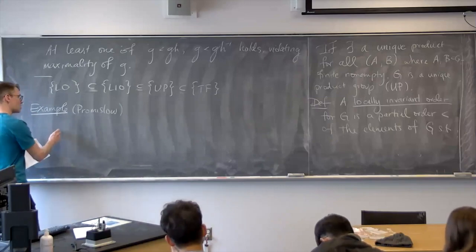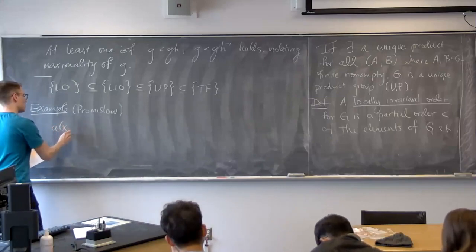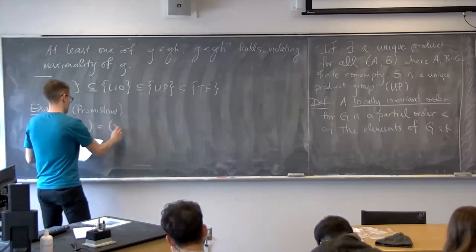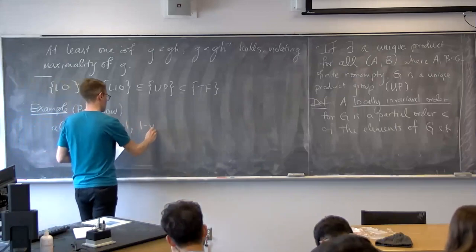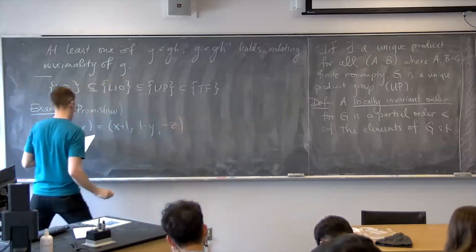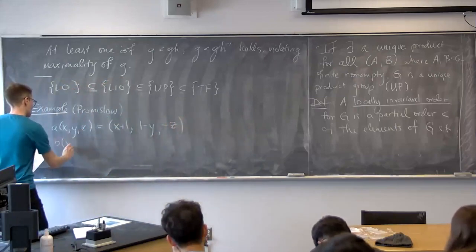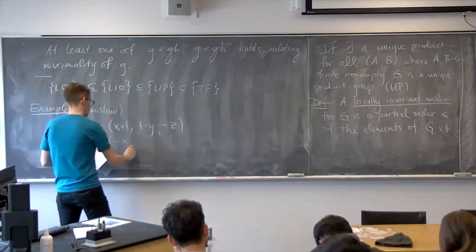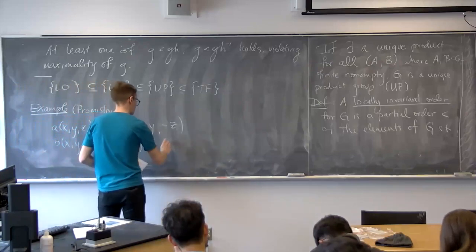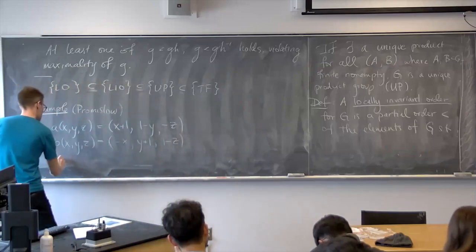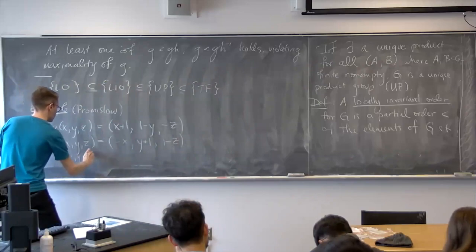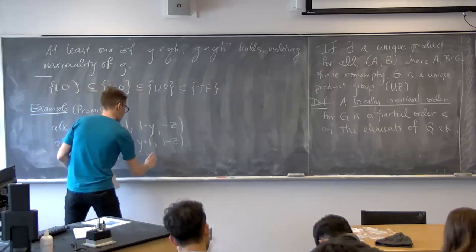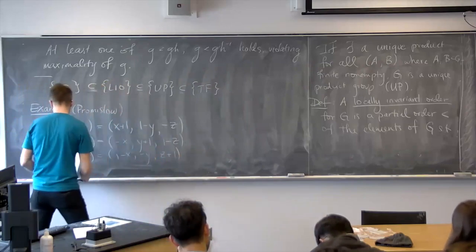You can look at 3 generators, and they're all going to be maps from R3 to R3. So A of x, y, z is x plus 1, 1 minus y, minus z. B of x, y, z is minus x, y plus 1, 1 minus z. And C of x, y, z is 1 minus x, minus y, z plus 1.